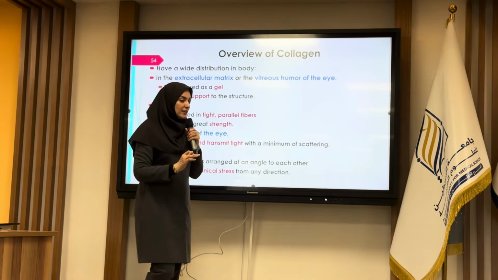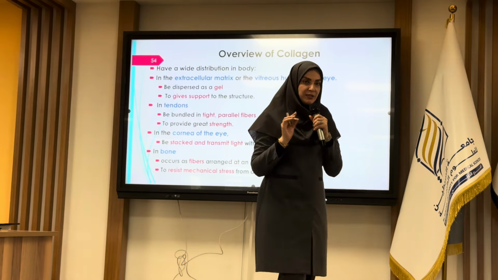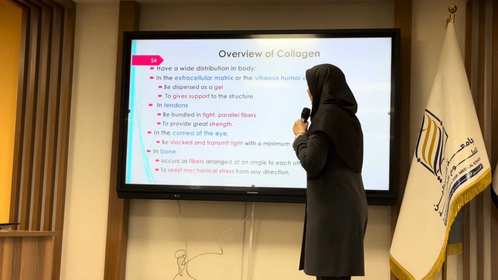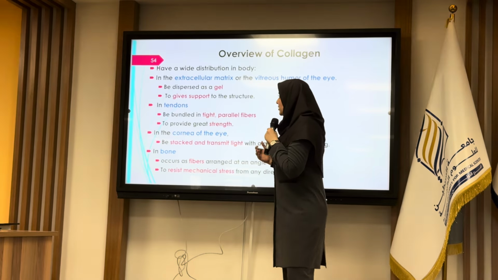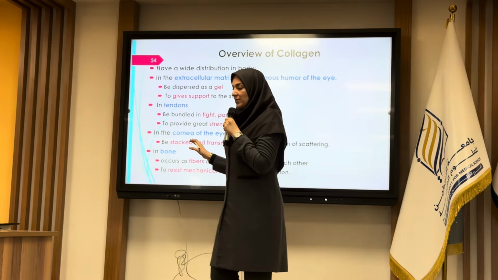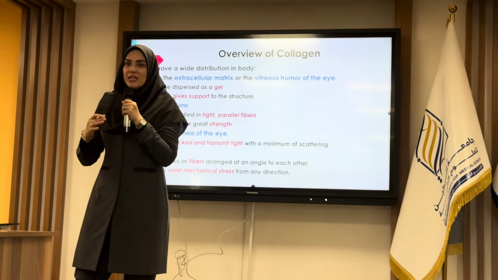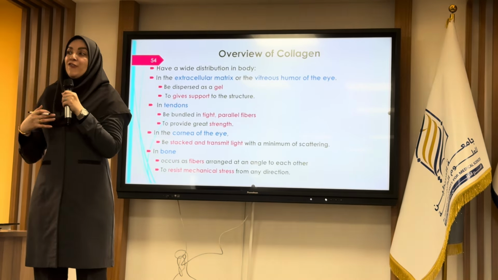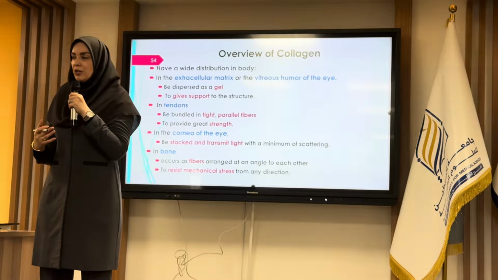About some specific characteristics of the structure, at first you should know that we have a wide distribution. This slide is for more information. I put it intentionally because I want to represent the wide distribution and the different forms of the collagen.